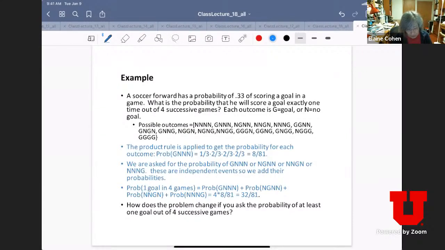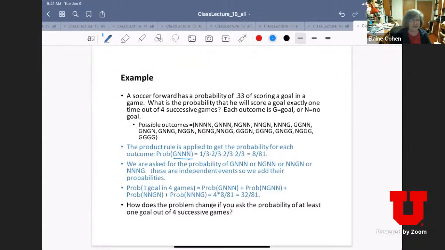The product rule is applied to get the probability for the outcome for one of them. What's the outcome for one of them? They're independent. So it's 1/3 times 2/3 times 2/3 times 2/3, 8/81. I fail 3 times, I get success once.